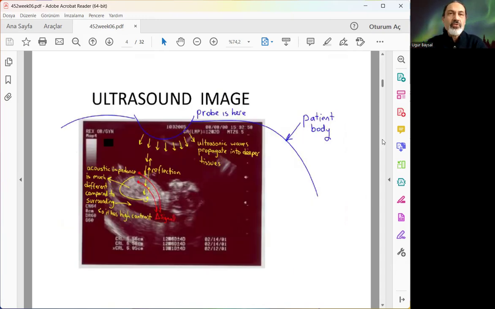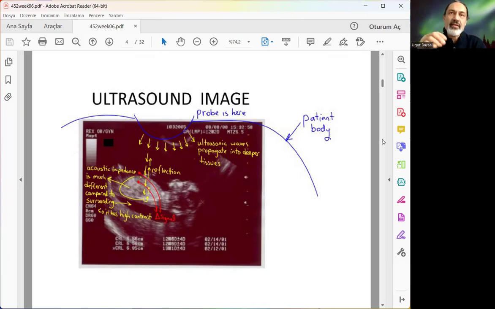Here is a typical ultrasonic image, usually on a piece of printed thermal paper, or they can be stored or transmitted via electronic means by telemetric equipment. If you see the image, the top of the image is where the probe is placed.